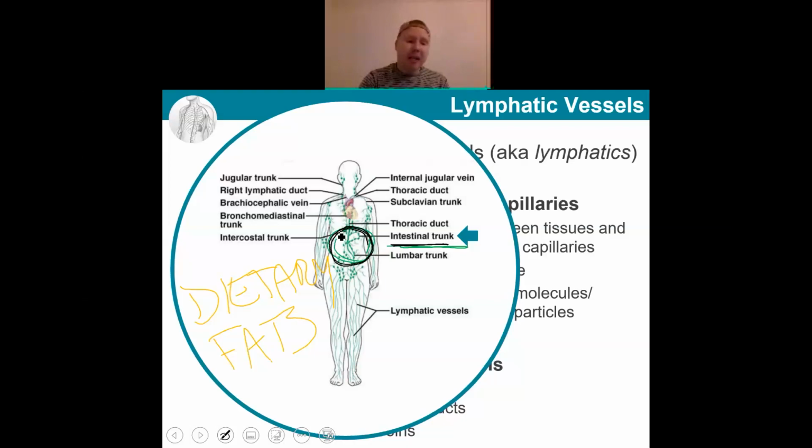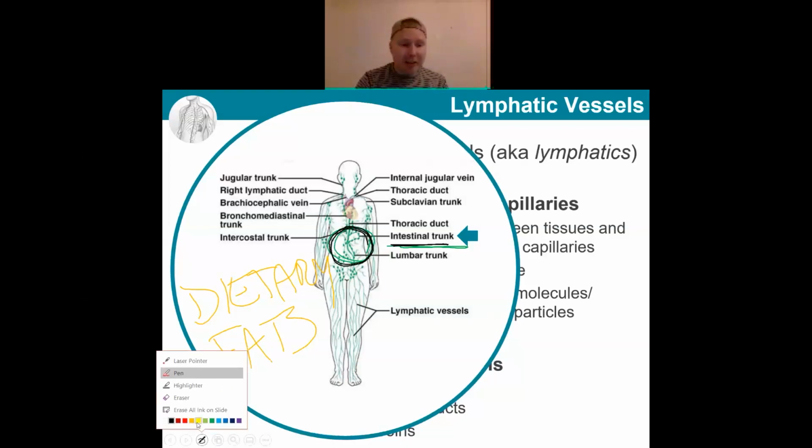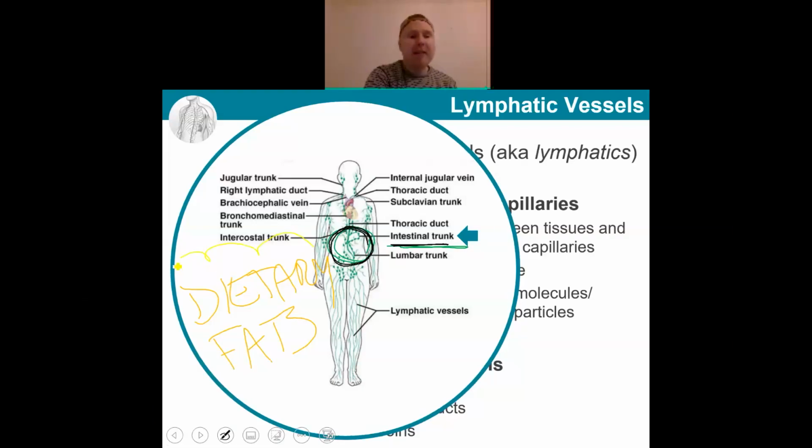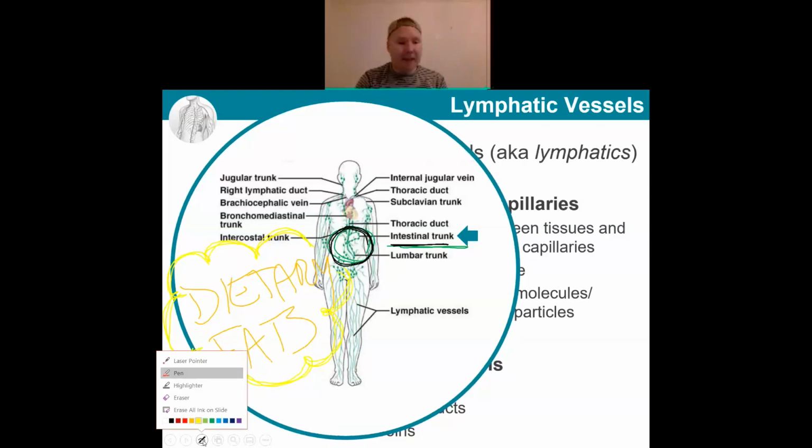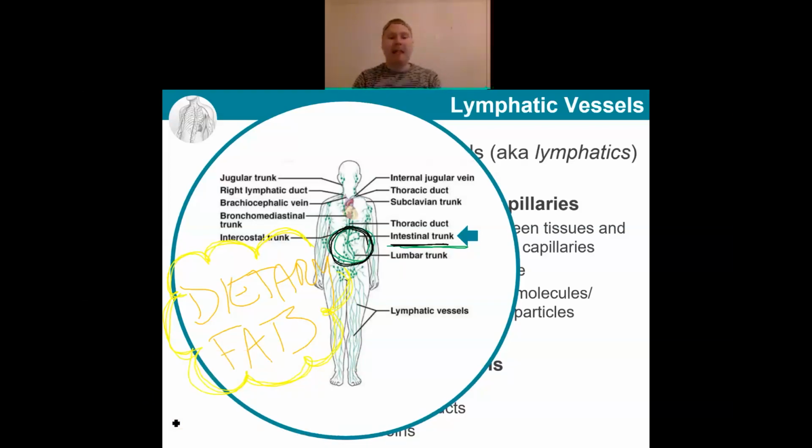And you remember we talked about that in addition to the cardiovascular system picking up energy and nutrients, the lymphatic system stepped in when we had these large dietary fat molecules that couldn't be picked up by the cardiovascular system's capillaries. They were too big to enter there.